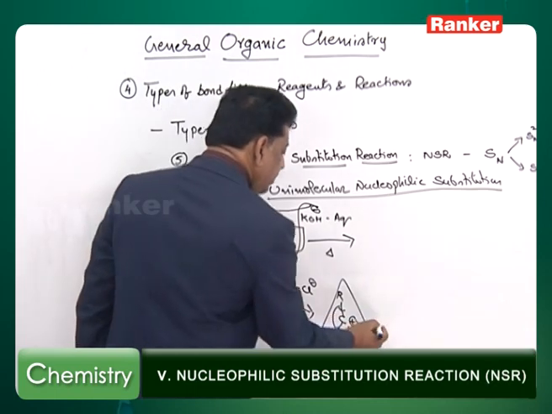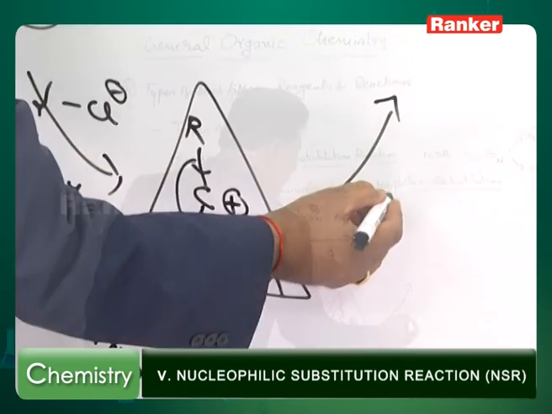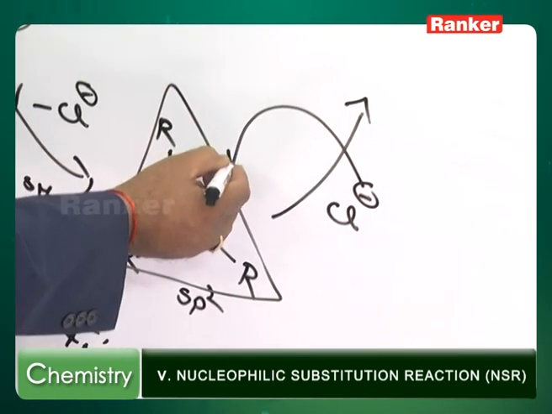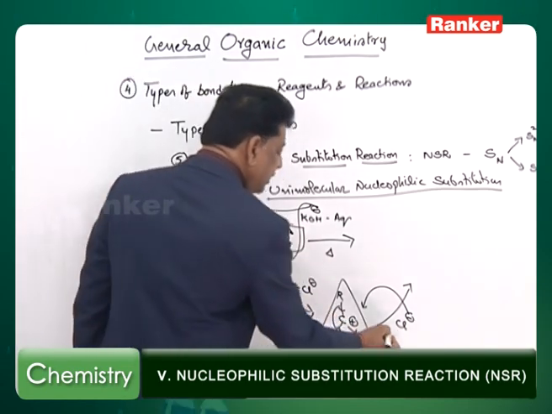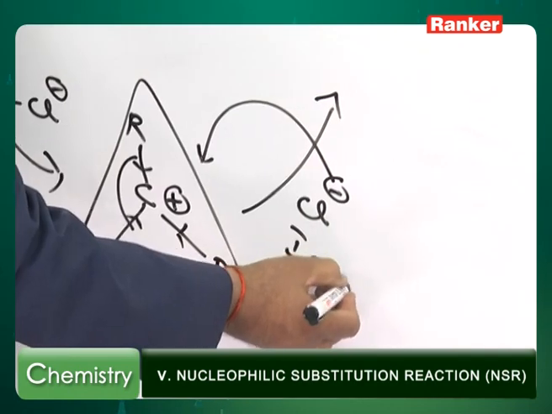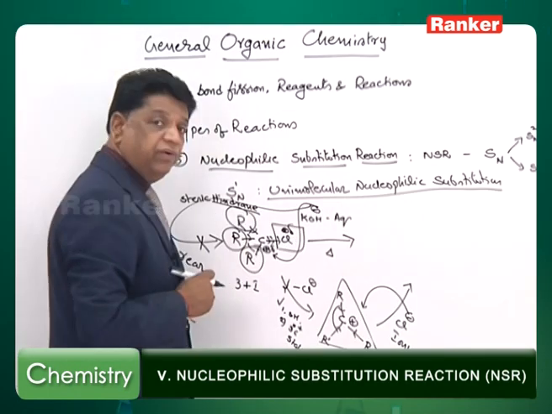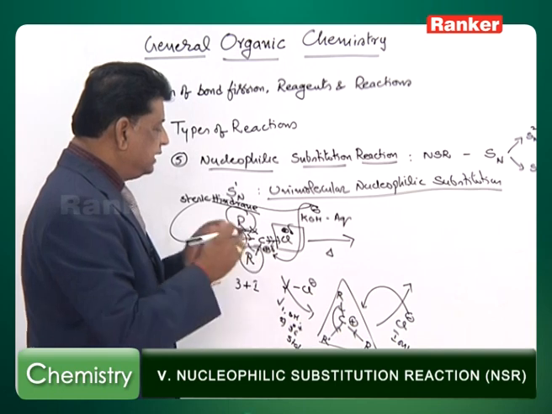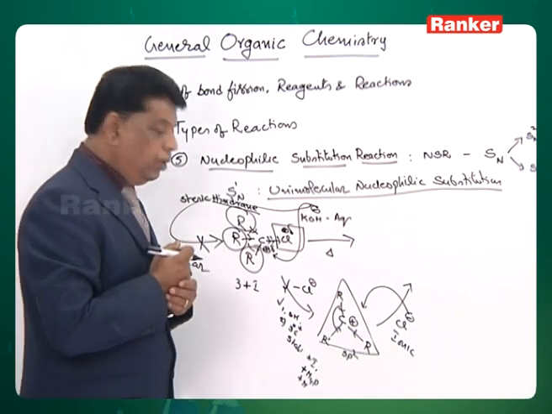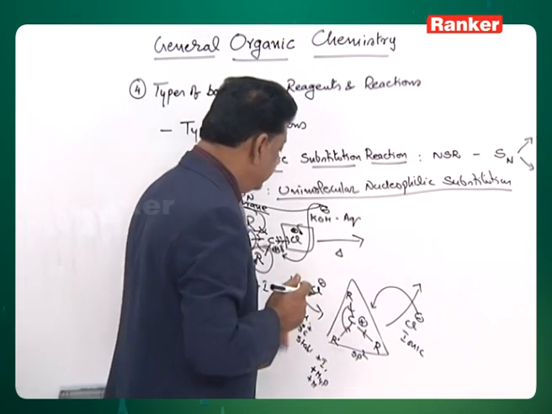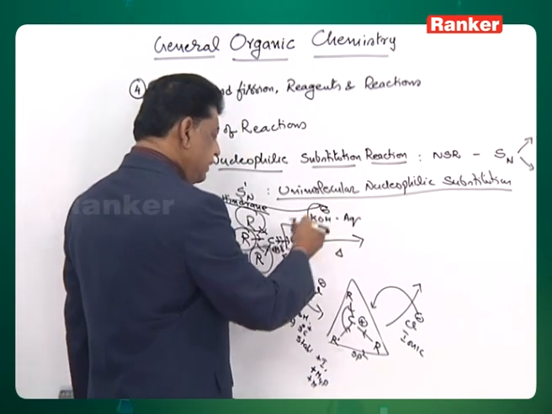Once the carbocation is formed, Cl minus attacks very readily, because this is a plus and that is a minus. The reaction becomes an ionic reaction now. The ionic reaction will be very fast, almost considered as taking zero time. So a very fast reaction takes place as the OH minus comes.